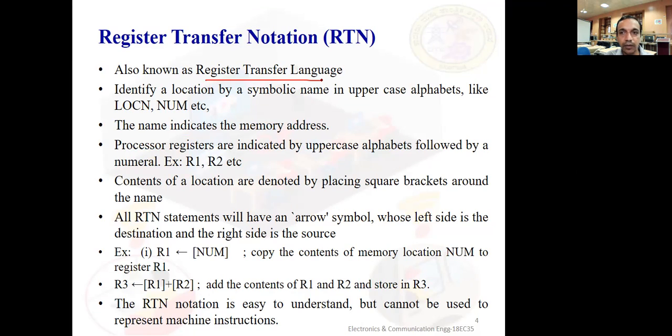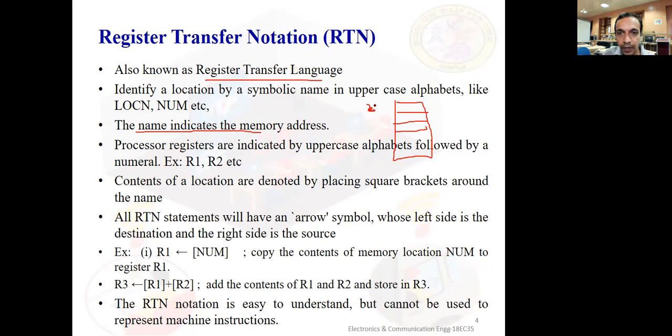Here we identify a location by its name, like a set of English letters like NUM or LOC, for location. That name will indicate the memory address. In the previous session, I told you a memory address is like 2000, 2004, something like that.